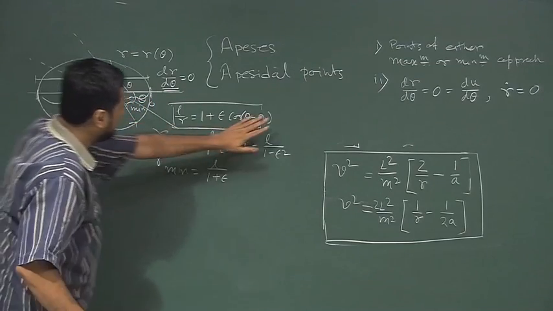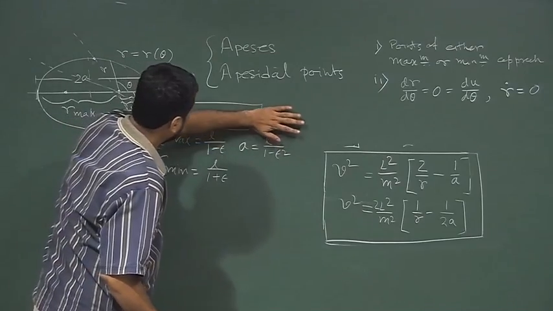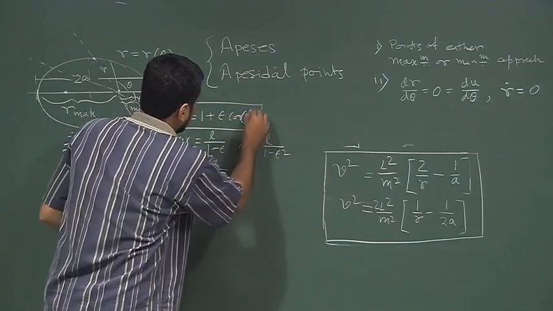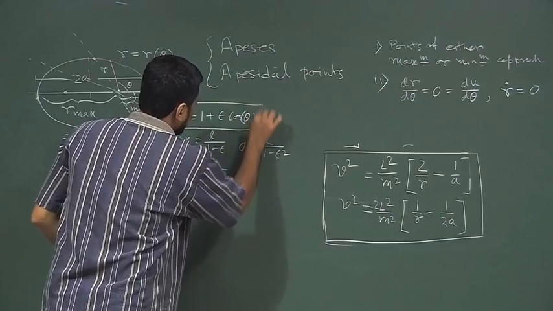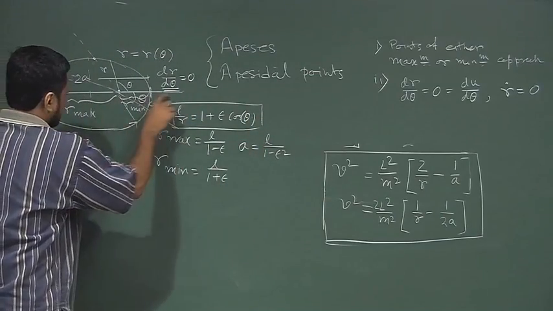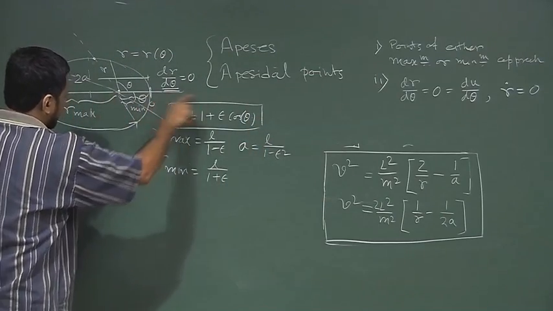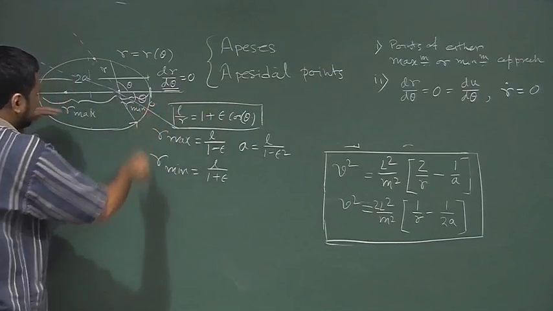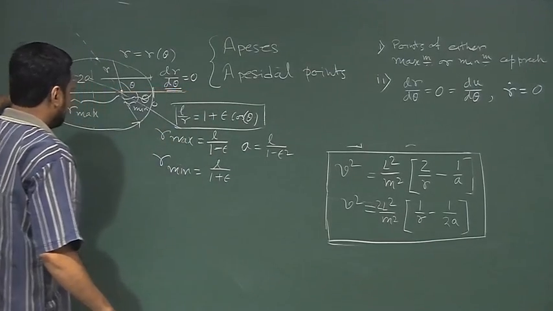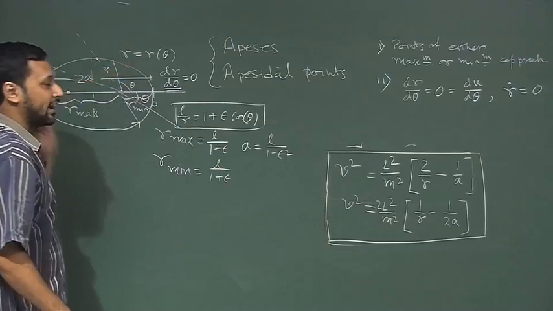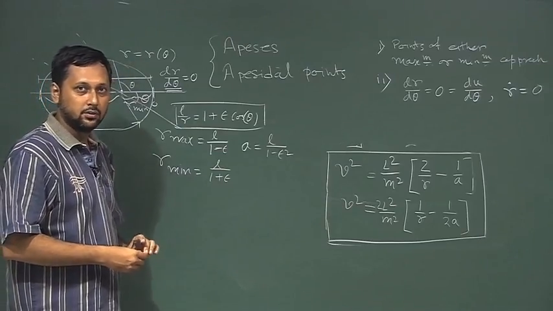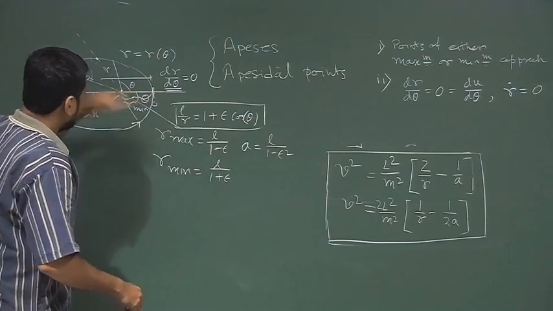But we are not doing that. Most of the time we are writing equations assuming theta 0 equal to 0, and when we do that, we describe this angle theta with respect to a line from which the angle theta is measured. So, anything on that line is theta equal to 0.